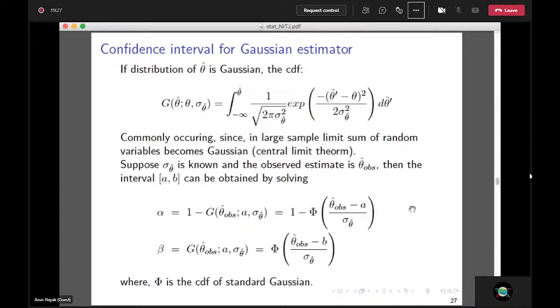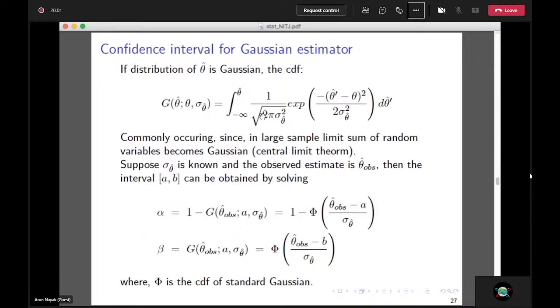Now let's see how we calculate the confidence interval for a Gaussian estimator. If our estimator is distributed according to a Gaussian, we can write the cumulative distribution function for this estimator as the integral from minus infinity to theta of this Gaussian function.